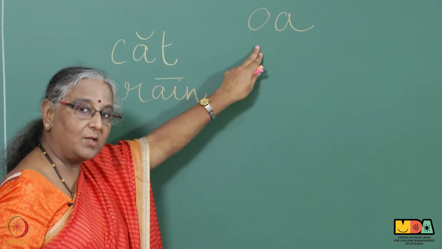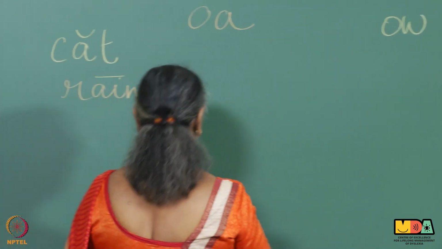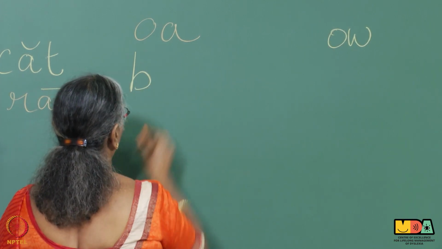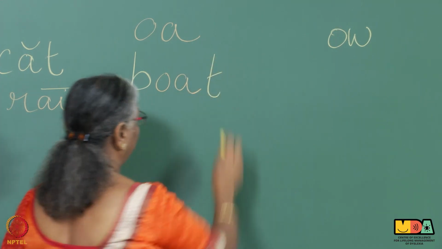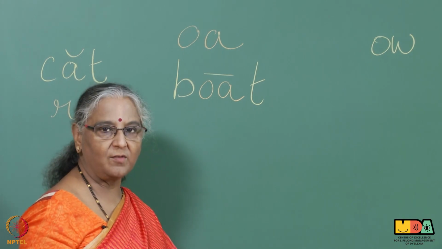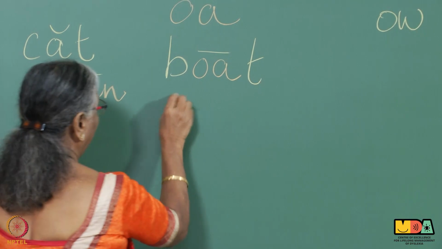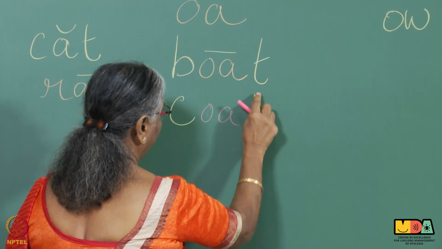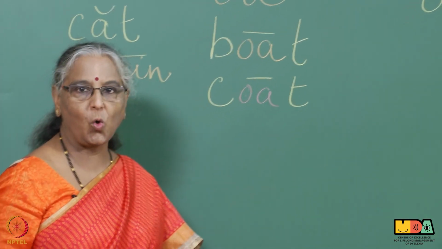OA in the middle of a word says O, like in the word boat. And here is my mark that says it is a long vowel sound. Then we have words like coat, and the long vowel sound, coat.